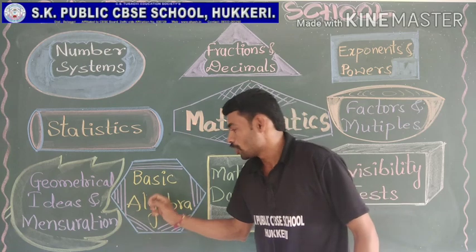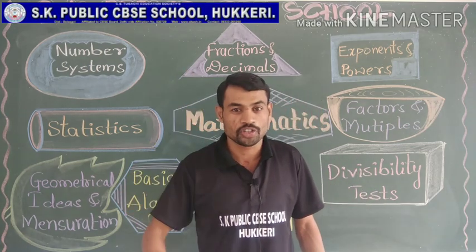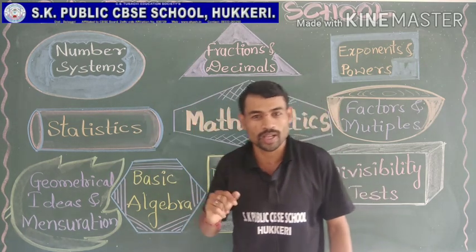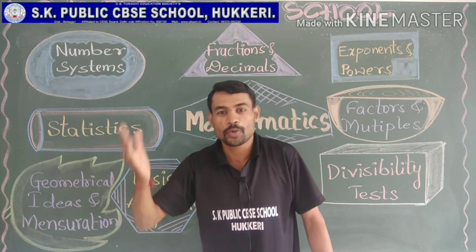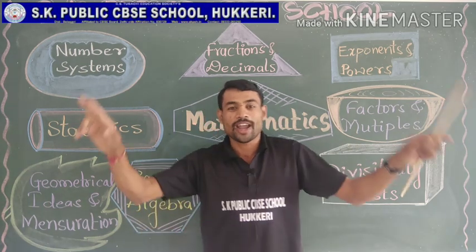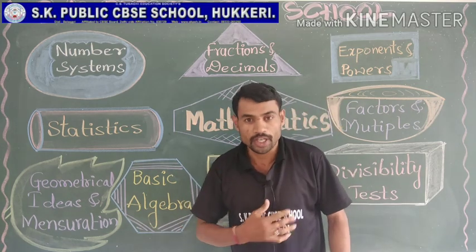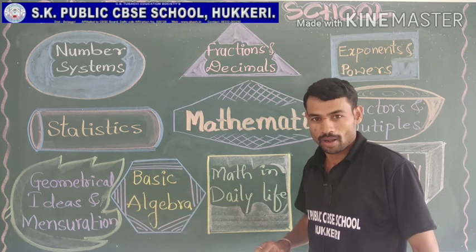Along with this, the most important is algebraic identities: (a plus b) whole square, (a minus b) whole square, a square minus b square, (x plus a) into (x plus b). These are all identities which are to be used in our day-to-day life that we study in basic algebra.